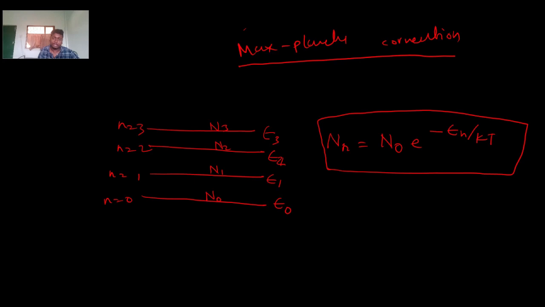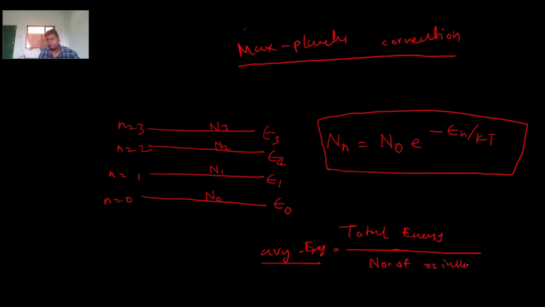To find the average energy, what can you do? Average energy can be written as the total energy divided by the number of oscillators. This is the symbol for the average energy.